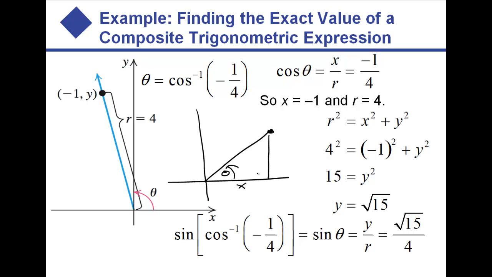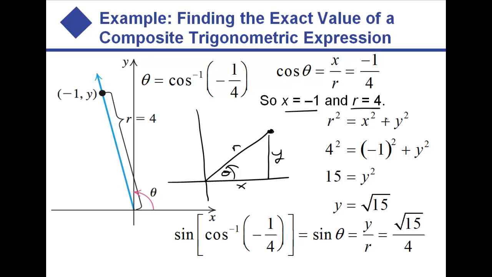This is x, this is y, this is r. Cosine of this angle equals x over r. X over r equals -1 over 4. So x equals -1, r equals 4. Got all that from my picture, didn't need this picture over here.